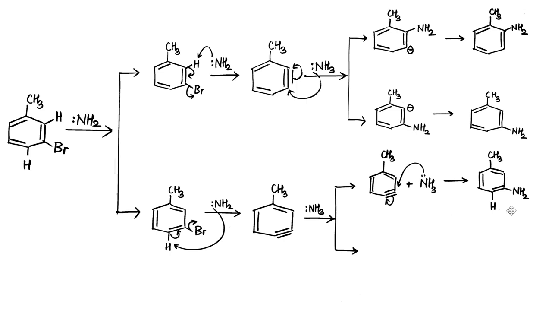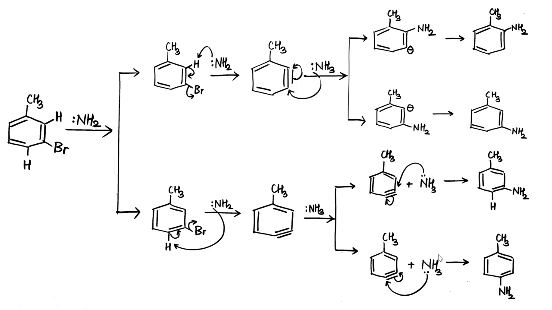Again the second possibility. In the first possibility, the nitrogen attack on this carbon takes place. In the second possibility, if this lone pair attacks on this carbon, these electrons will shift here, right? So after electrons shift here, there will be a negative charge and this negative charge will abstract one hydrogen or proton from this NH3 molecule, and simple substitution at the para position.